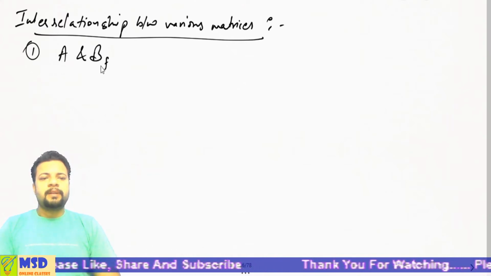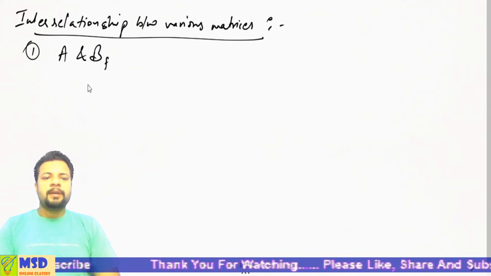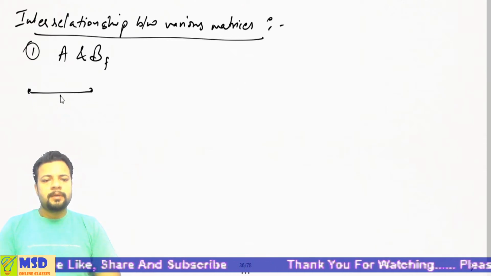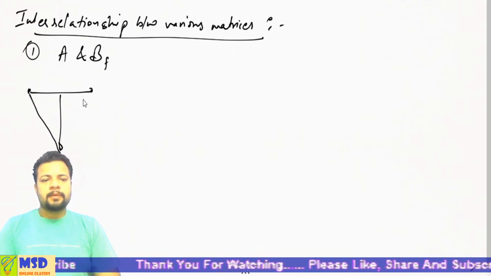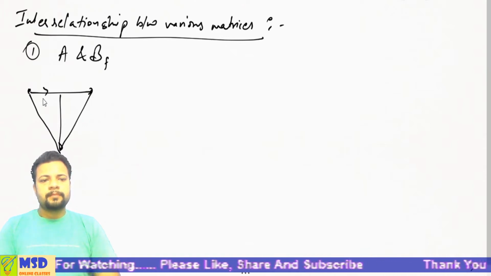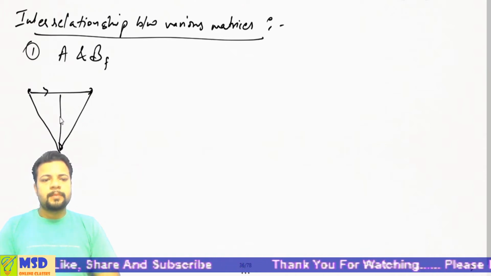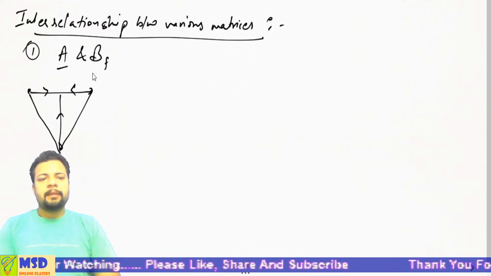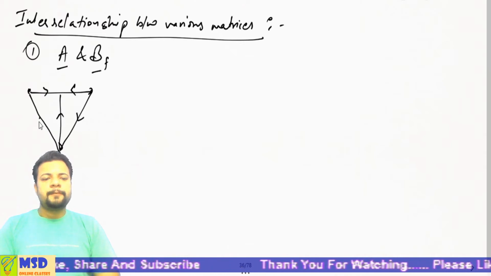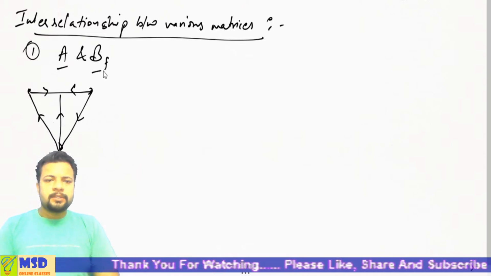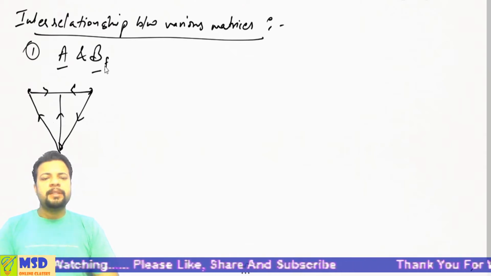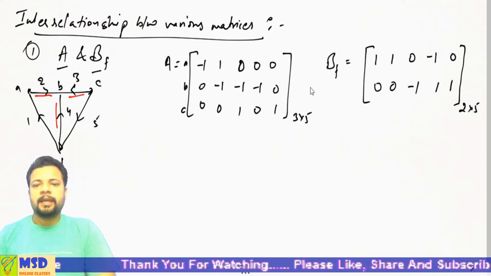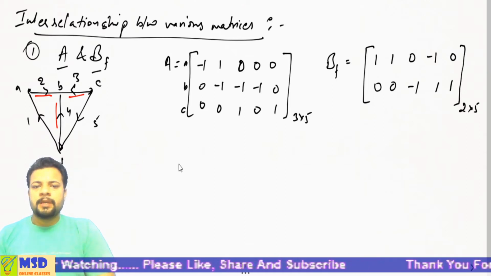To have a relationship between A and BF, let us just take a graph first. Let me write the A and BF matrix for this given graph, and then we'll talk about the relationship between these two matrices. Now see, I've developed the A and BF matrix for the given graph.